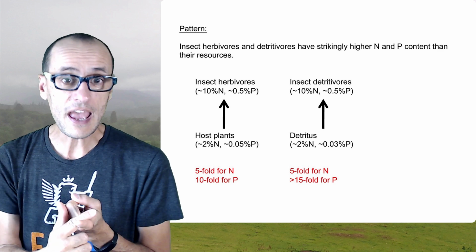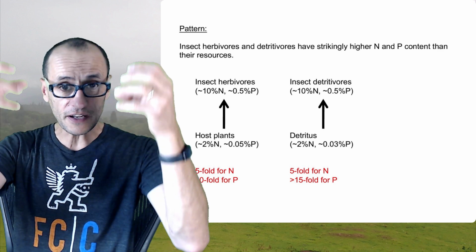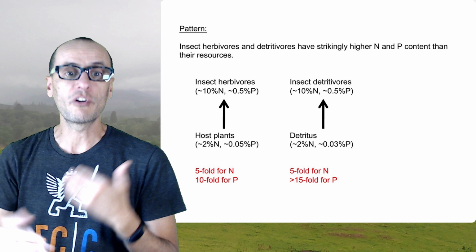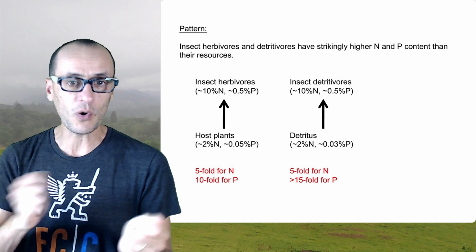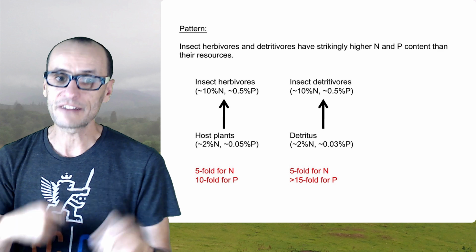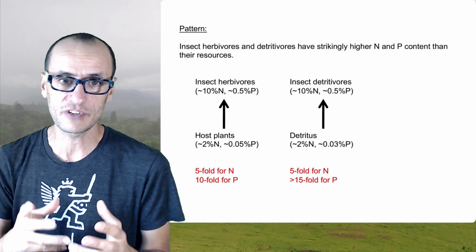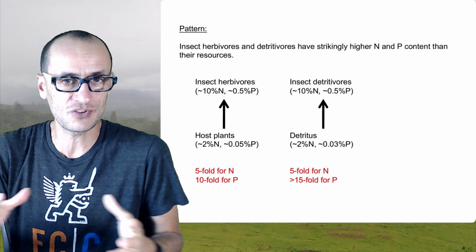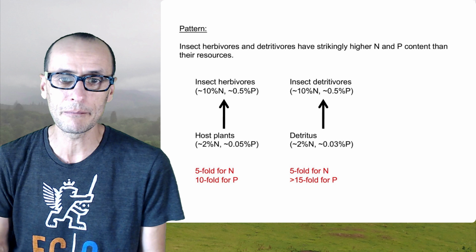So things like DNA and RNA have a phosphorus backbone, and therefore for rapidly growing organisms that require a lot of protein synthesis and a lot of messenger RNA and a lot of cell division to actually happen, phosphorus can be in quite high demand because you have to make more of it as your cells get bigger.